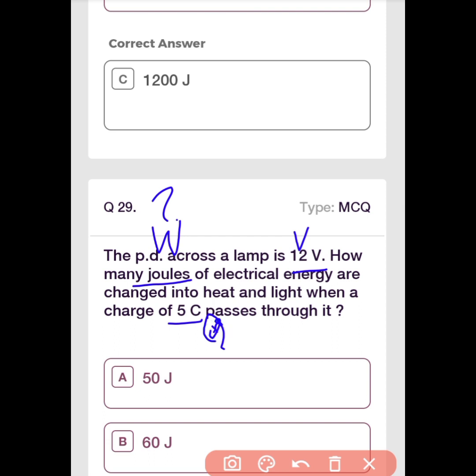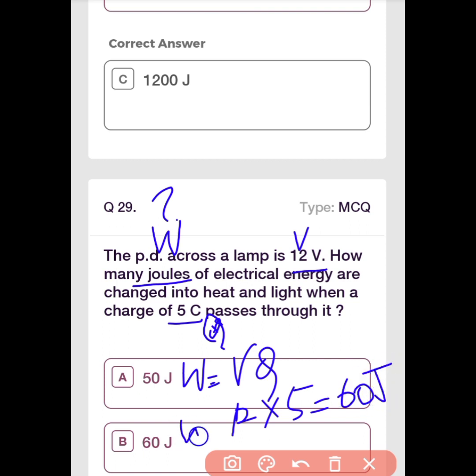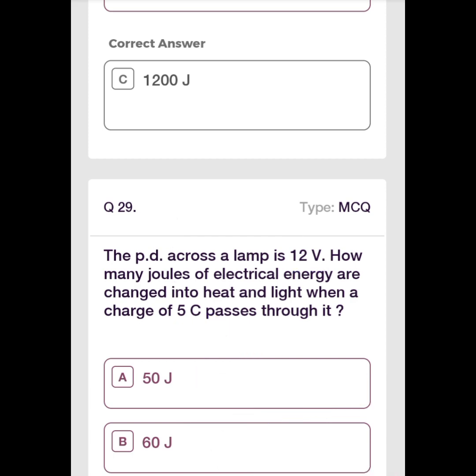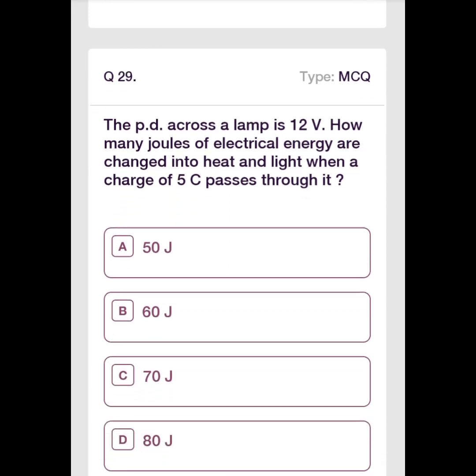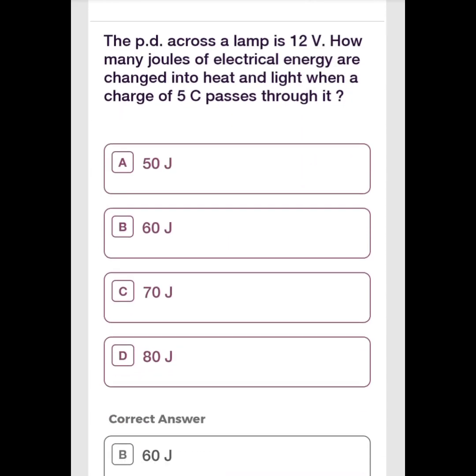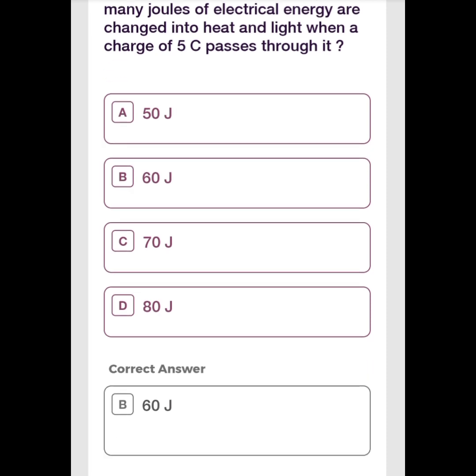So having given Q and V, we find W. W is equal to V into Q, right? So 12 into 5 is 60. So work done is equal to 60 joule. Option A is 50, option B is 60, option C is 70, option D is 80. And correct answer is option B, which is 60 joule.